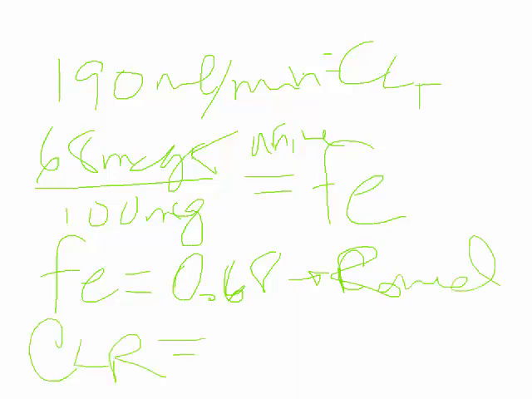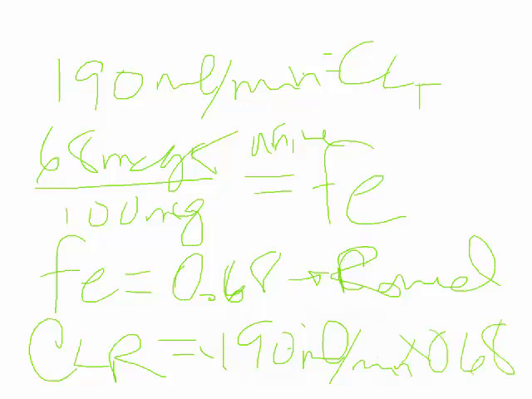Well, renal clearance will be total body clearance times our fraction excreted unchanged in the urine. So for this drug, we are given that the total body clearance is 190 mils per minute, and that the FE we just figured out is 0.68. So what is our renal clearance then?